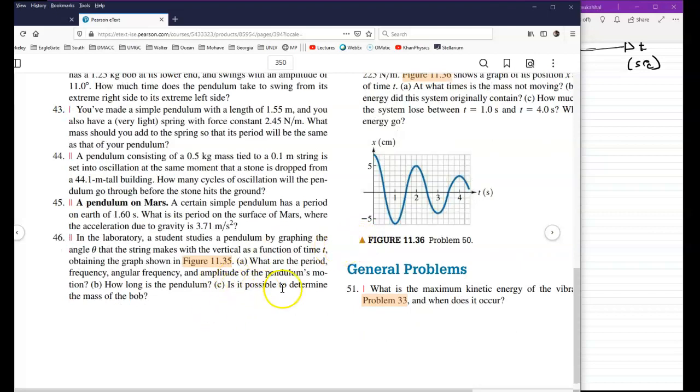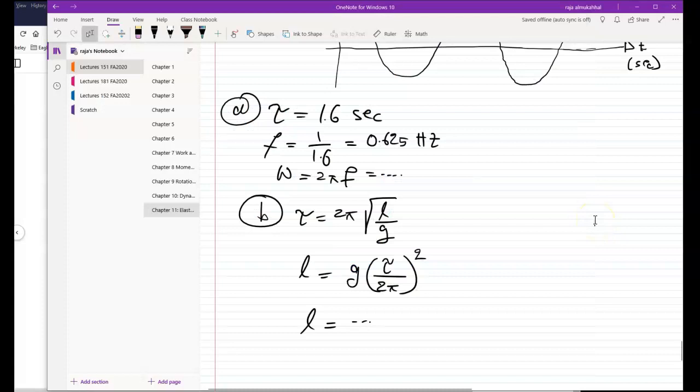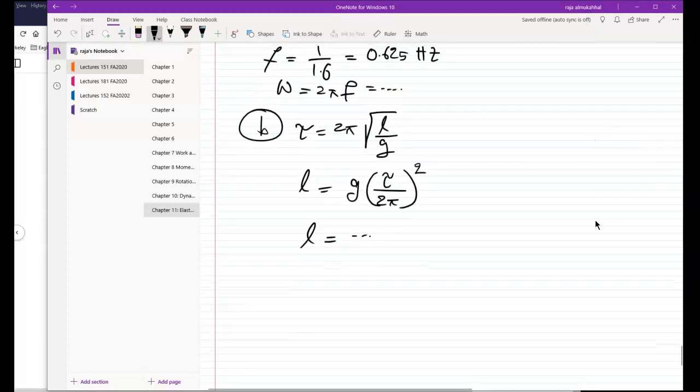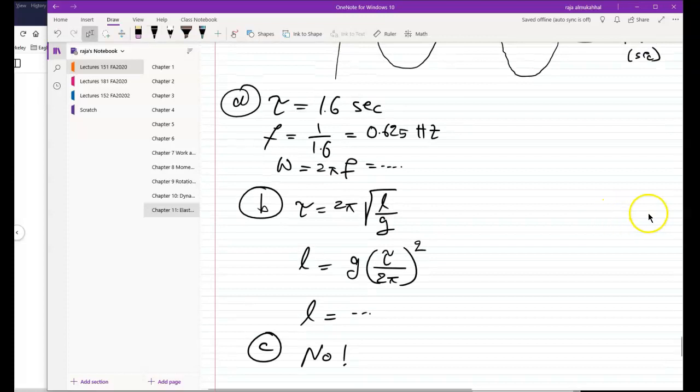And then the last part, he says, is it possible to determine the mass of the bob? Yes or no? The answer is no. Why no? Because, as I told you about the child in the playground and his uncle who is 200 pounds, it doesn't really matter, because the period does not give you any information about the mass. It's independent of the mass.